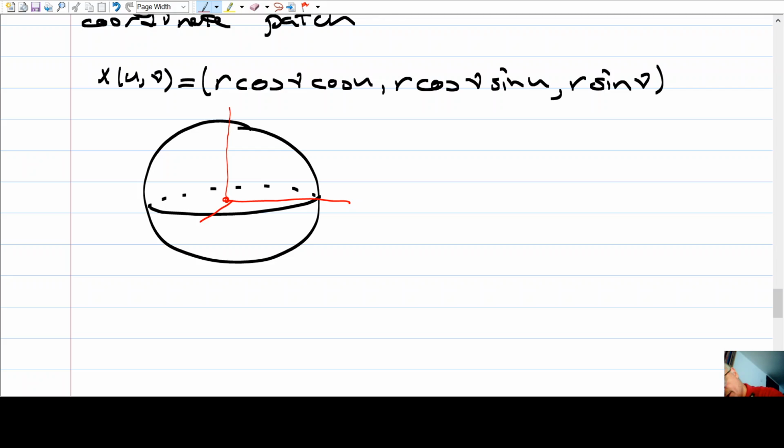This is, let's say, the x, y, and z-axis. So whenever I have a point here, let's say x, y, z, its projection onto the xy plane is here.